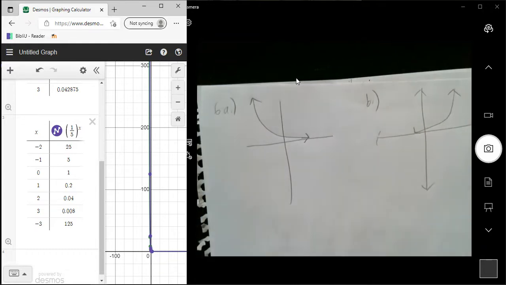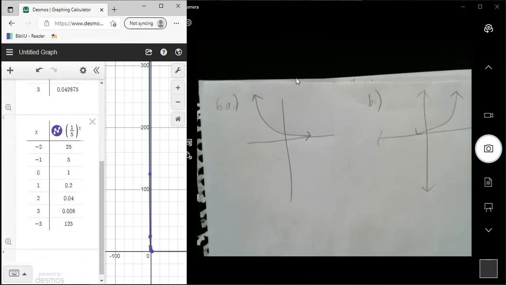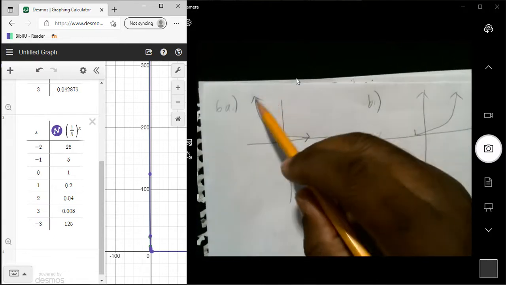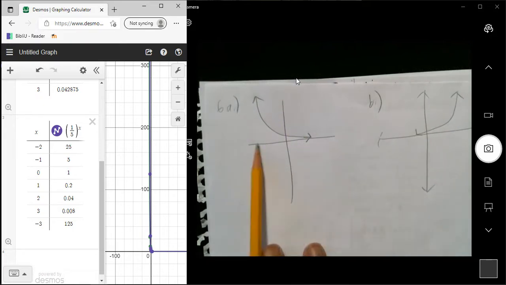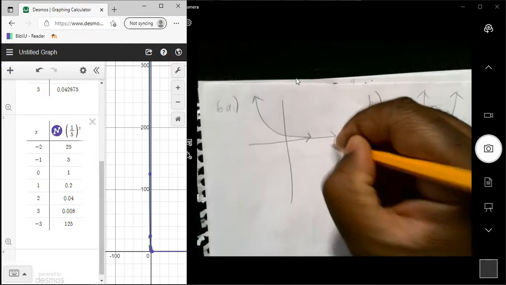Okay, first of all, if you notice here, both of these have the arrowheads, and this is not impairing it on the x-axis.